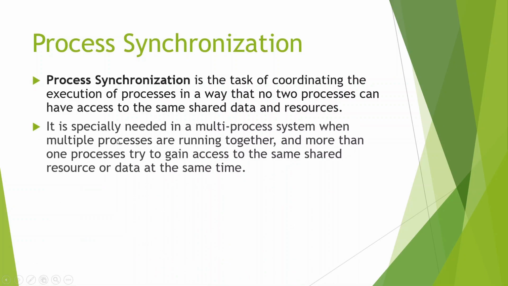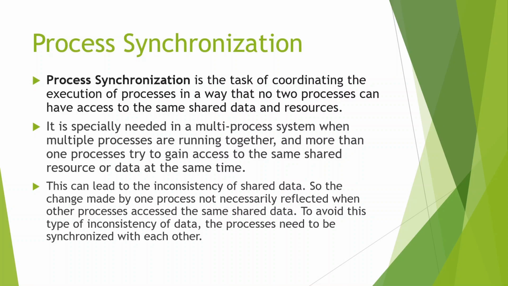It is especially needed in multi-process systems, when multiple processes are running together and more than one process tries to gain access to the same shared resource or data at the same time. This can lead to inconsistency of shared data.